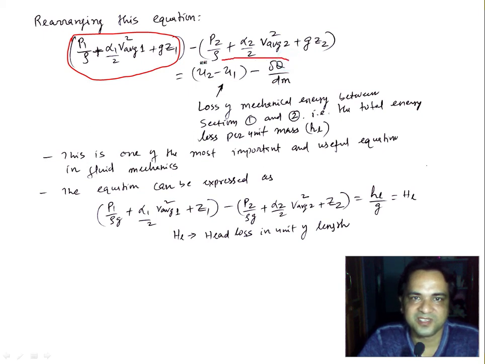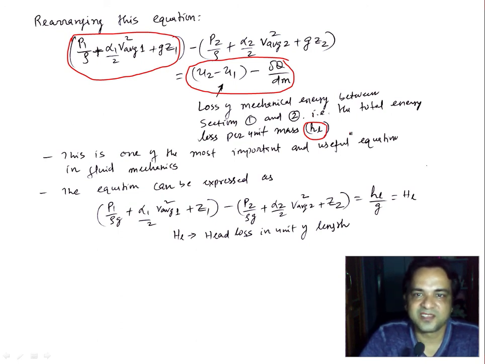This right hand side term is nothing but the loss of mechanical energy between section 1 and 2, that is, the total energy loss per unit mass. So I use the small letters hL, L for loss. Small hL means the total energy loss per unit mass between sections 1 and 2. This is one of the most important and useful equations in fluid mechanics.